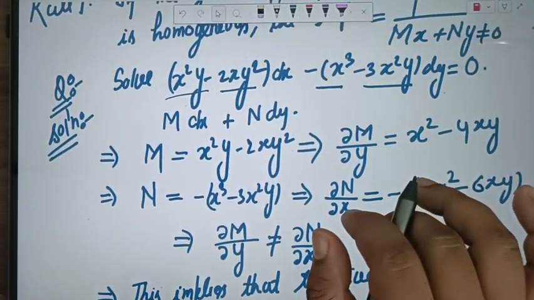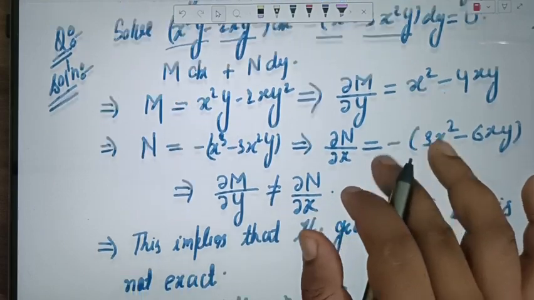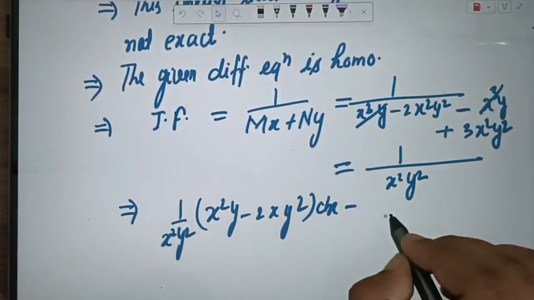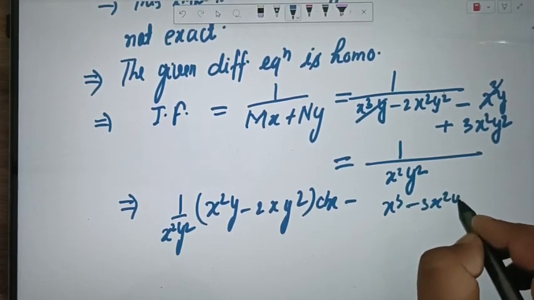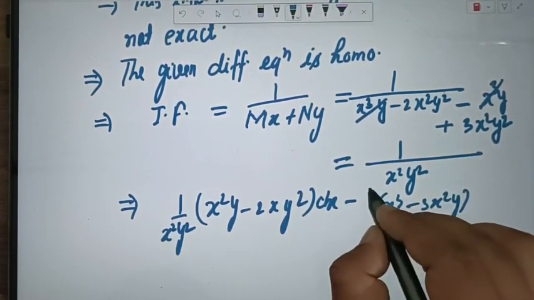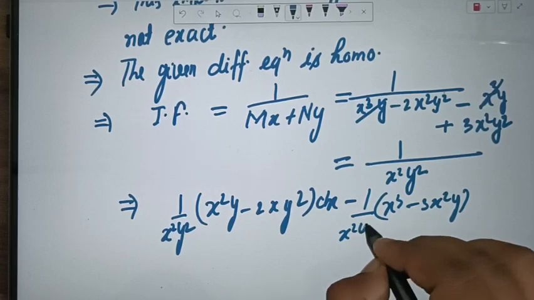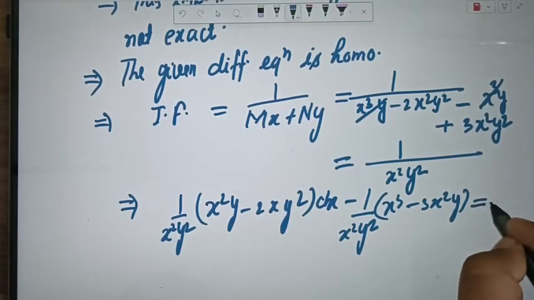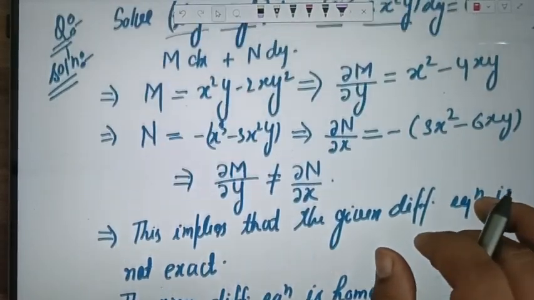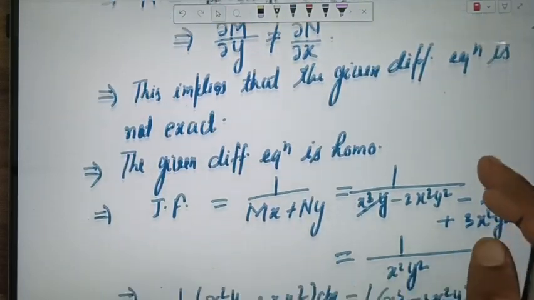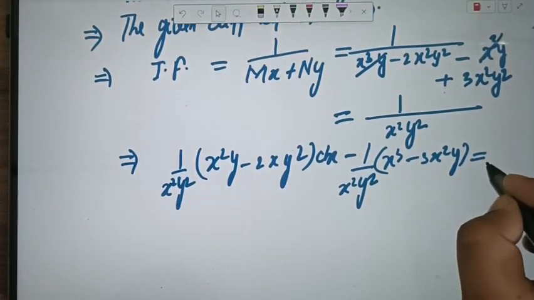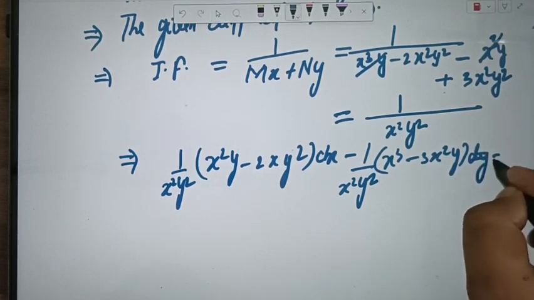Next is x to the power 3 and minus 3x square y dy. So it is also multiplied by 1 upon x square and y square is equals to 0, right?